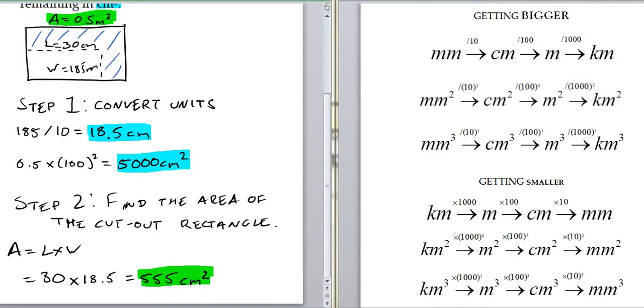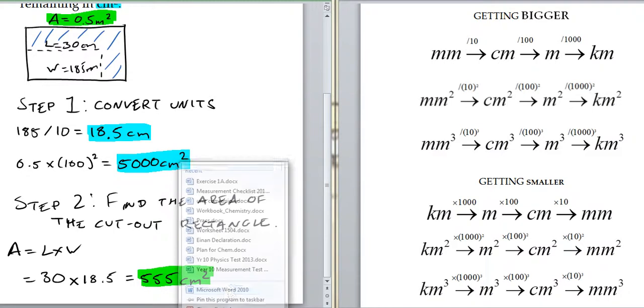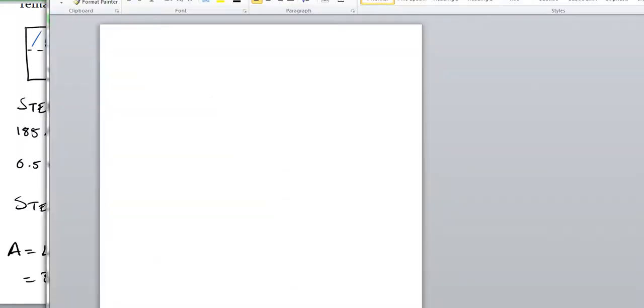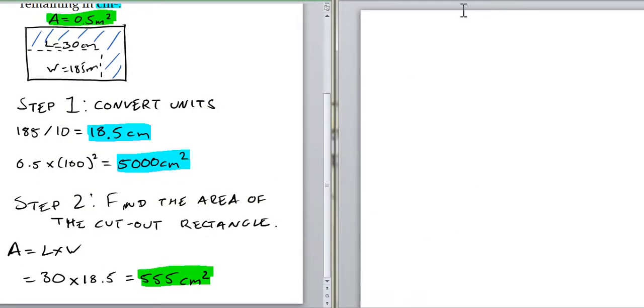So if I just open up a new page here to continue on the working. So step 3 is just find the difference between the two areas.